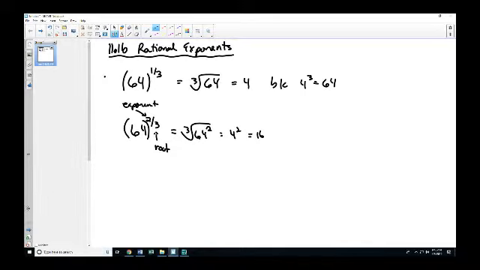Okay, so that's the basics of a rational exponent, using those within any of the properties we had yesterday. We'll look at something like 81c to the 4th, all to the 1/4 power.